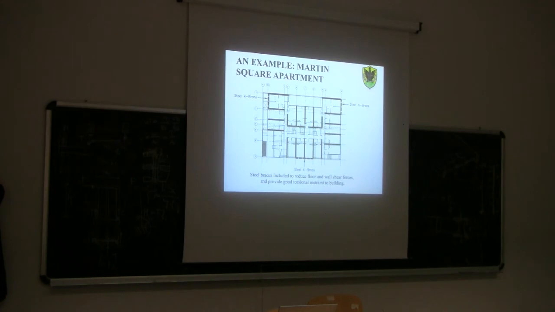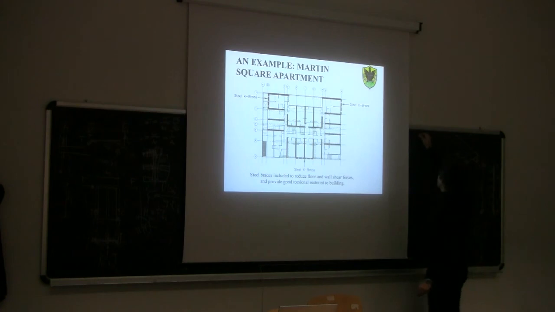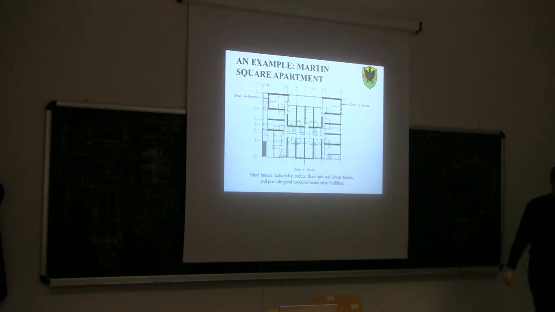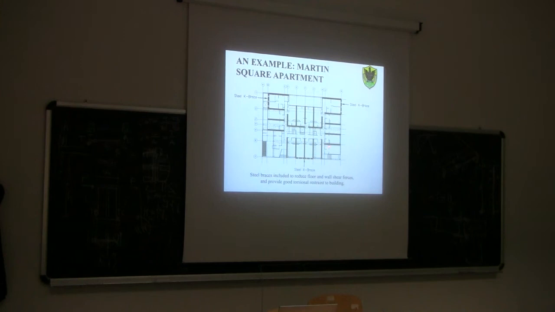So in order to get some torsional resistance, they added three steel K-braces along the perimeter. Steel K-braces are bracing systems like this.